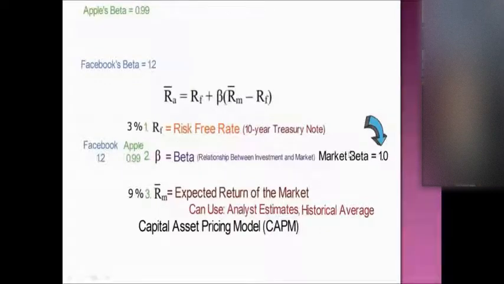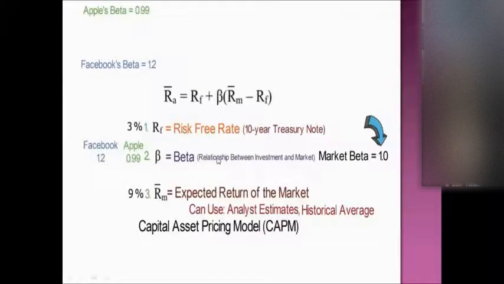The market beta, yung given na ha, is 1.0. This is given most of the time. Market beta is the sensitivity of a particular investment in the market, and it is normally equal to 1.0. In our example, Apple has 0.99 and Facebook is 1.2.